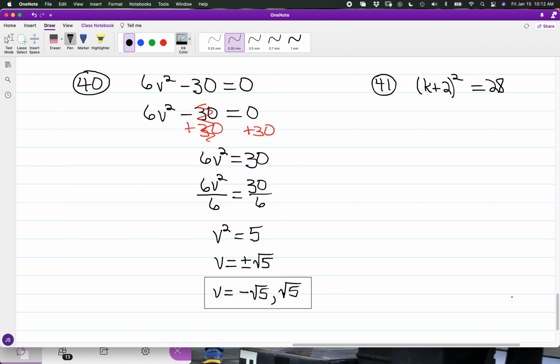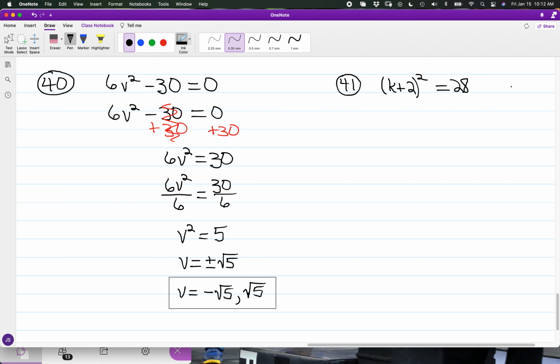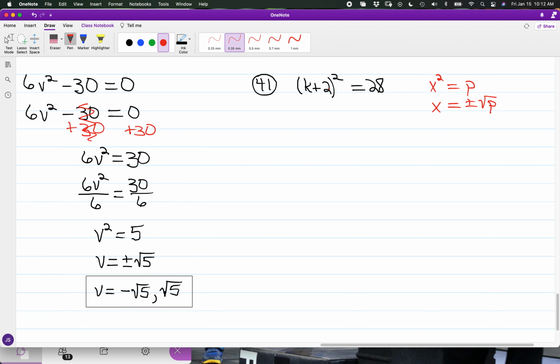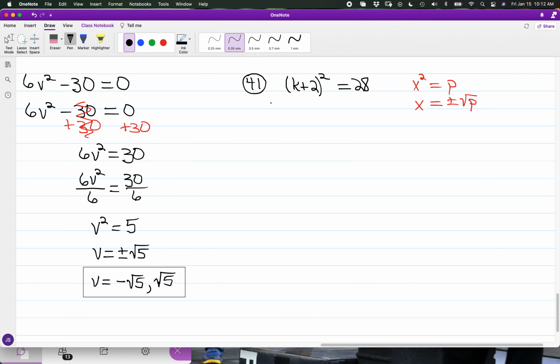Taking what we have here, k plus 2 quantity squared is equal to 28 represents x squared is equal to p. And if I go from x squared to x, it's equal to plus or minus the square root of p. Now for the equivalent in this equation, I'm going from k plus 2 squared to k plus 2. So I have plus or minus the square root of 28.